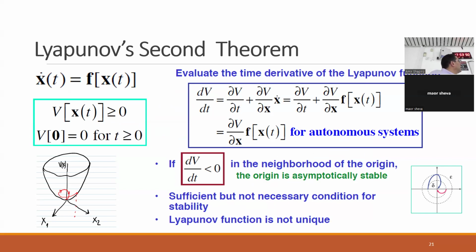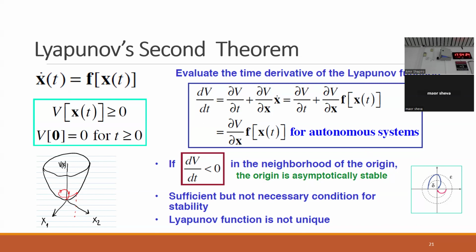So we can now talk about Lyapunov's second method or second theorem. It means that now we have a dynamical system, x dot equals f of x, and we have a Lyapunov function, V of x is greater than 0, and V of 0 is 0.